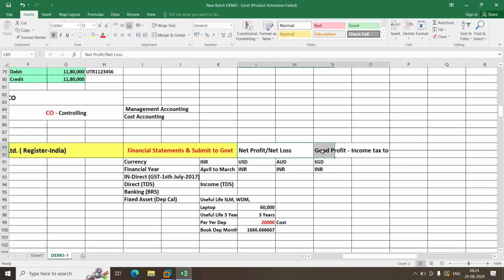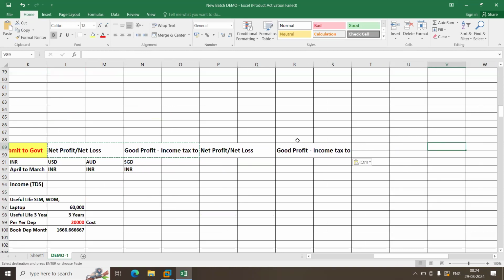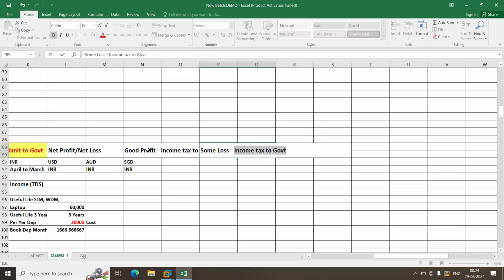Suppose your company is running losses. If in the 2024 financial year your company made some good profit, you have to pay the income tax to the government.